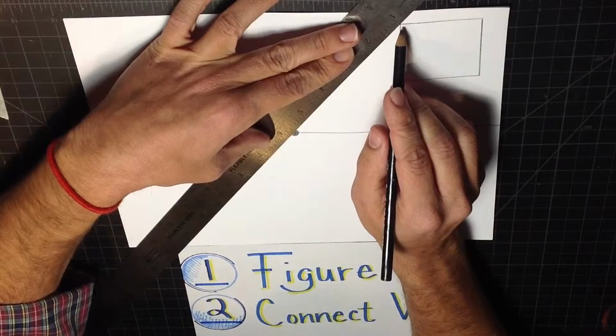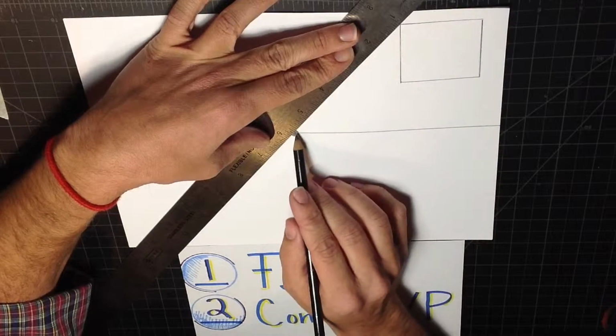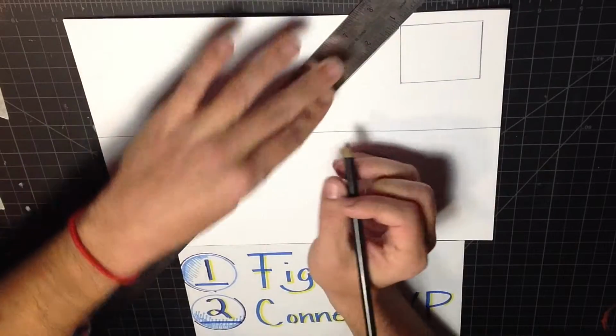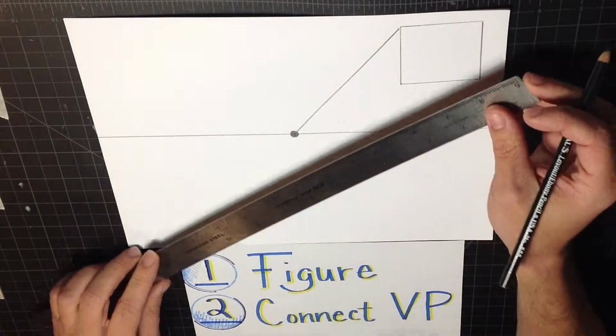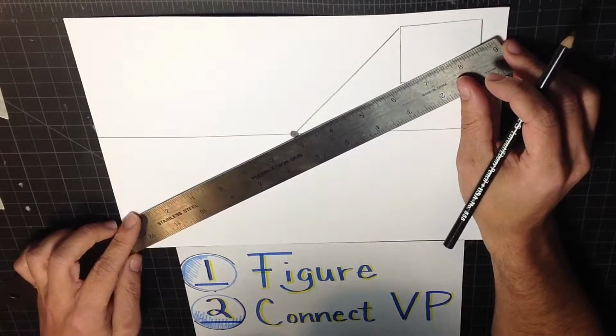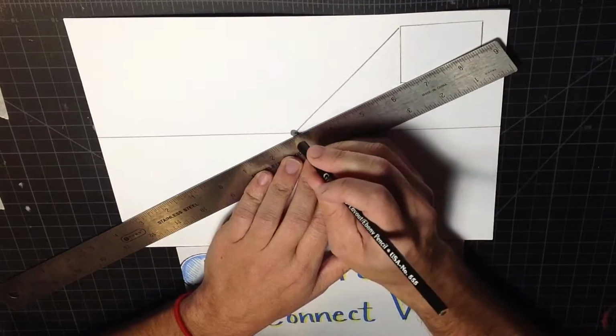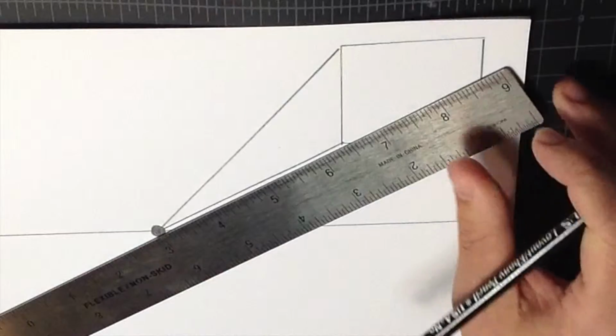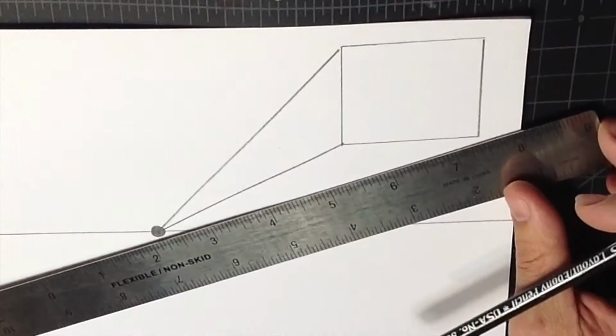You can always darken them later. But we match up from the corner of our box that we've drawn to the vanishing point, and we draw a connection line. We move to the next corner. Match up our ruler accurately with the vanishing point and the corner, and we draw that line. We have one more to go.